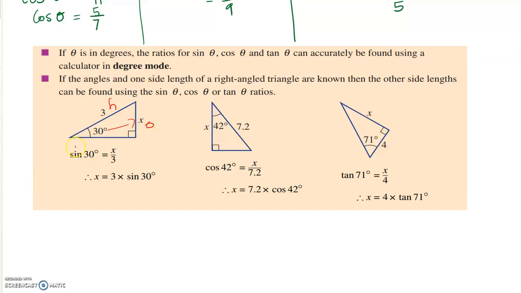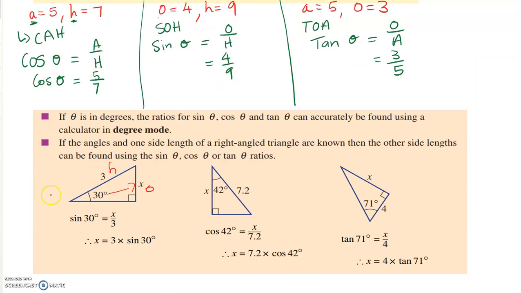So therefore O and H uses SOH, and that's why we come up with the sin equation. And then we just substitute. So sin of 30 is equal to x over 3. To find what x is, you do the opposite, times by 3 on both sides, and you get x is equal to 3 sin 30.